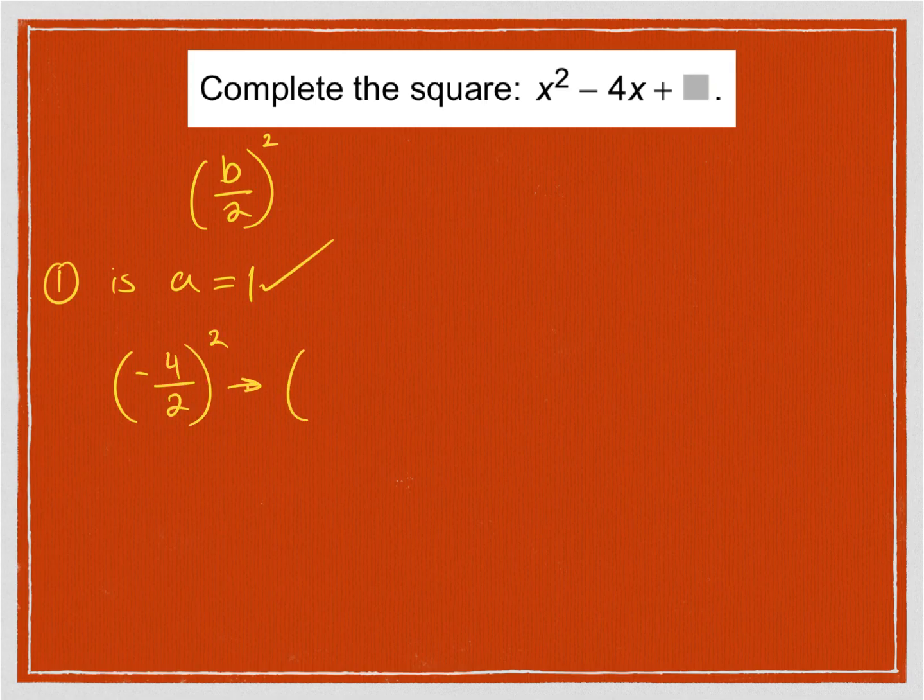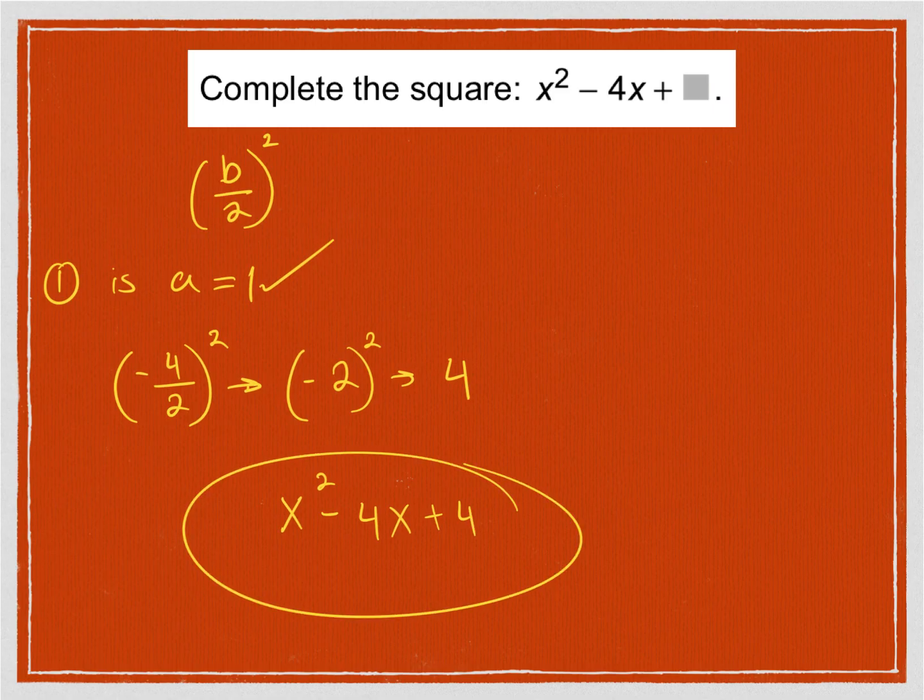Negative 4 divided by 2 is negative 2, squared. That gives us 4 as the final answer. So 4 is the number we're missing to complete the square, and we can write x squared minus 4x plus 4, and that would be the solution.